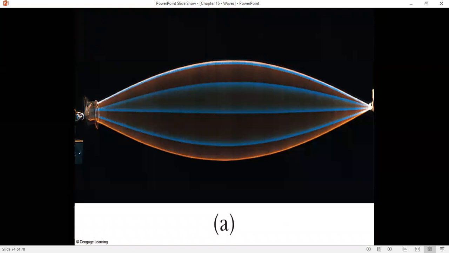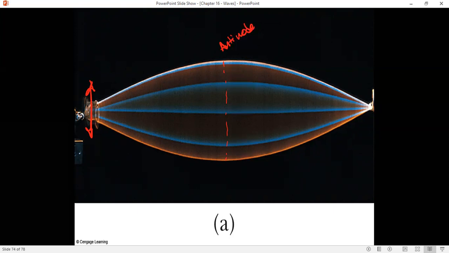This is an actual picture showing a fundamental frequency. You've got a little oscillator right here, which is moving up and down. And clearly you can see, here's my big antinode. There are no nodes in the center.